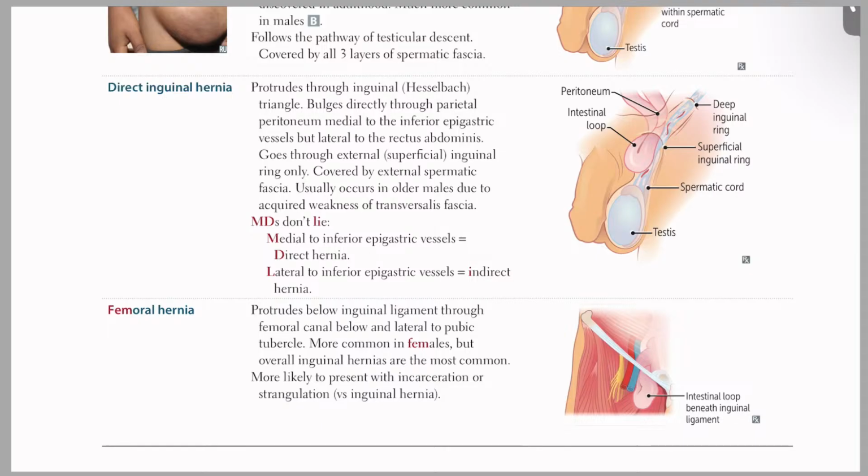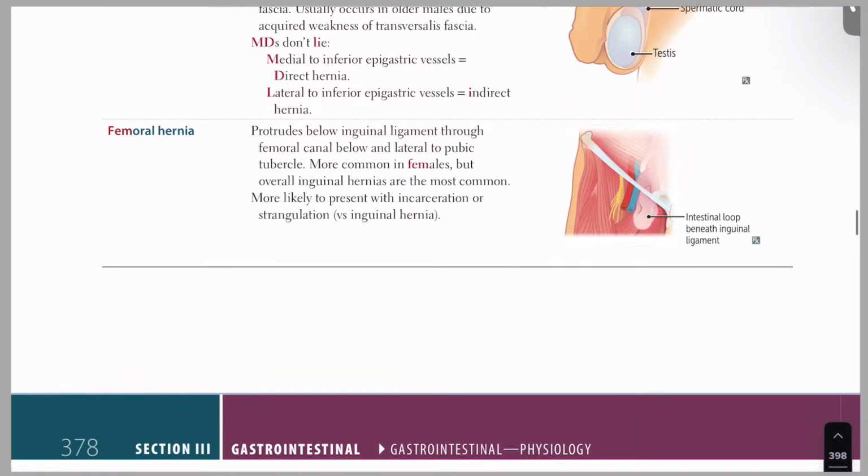Peritoneum, intestinal loop, deep inguinal ring, superficial inguinal ring, spermatic cord, testis. Femoral hernia protrudes below the inguinal ligament through the femoral canal, below and lateral to the pubic tubercle.